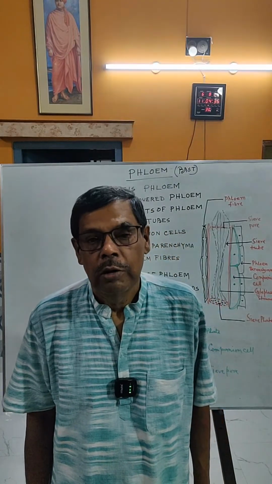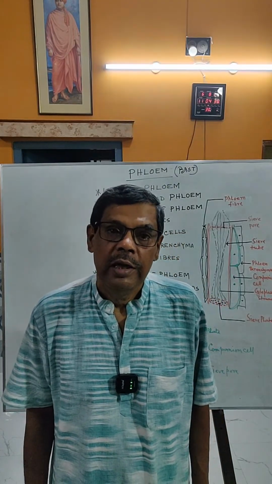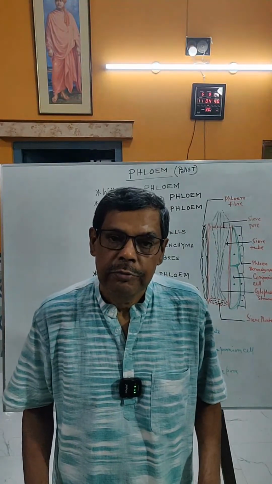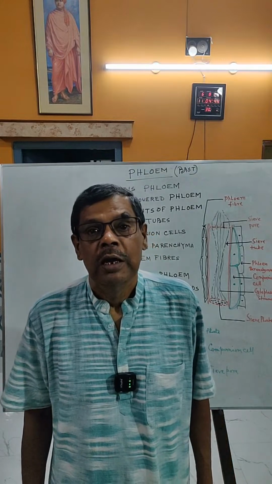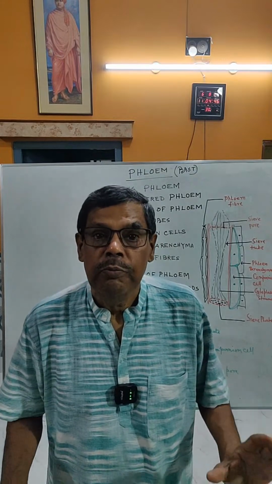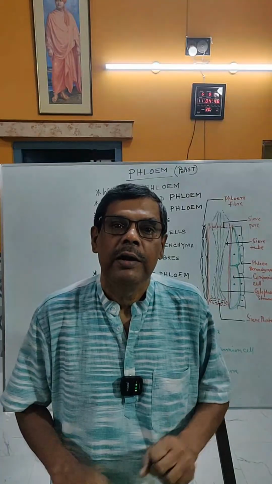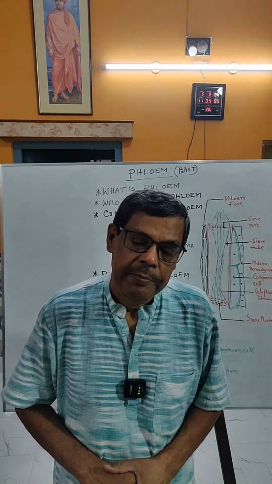So we call phloem a complex permanent tissue which performs the function of conduction of food materials in the plant body.